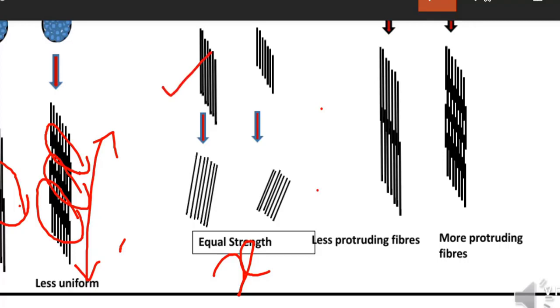So you can get the required interfiber friction just by turning through a lesser angle, isn't it? But if you want to get the same strength with short fibers where there is less overlapping area, as discussed in the previous slide, here you have to turn them through more angle. So we can say we require more amount of twist to be given in yarn with short fibers, which is less in case of longer length fibers.